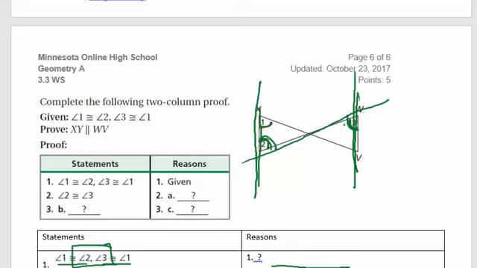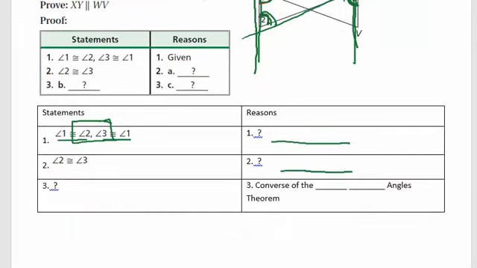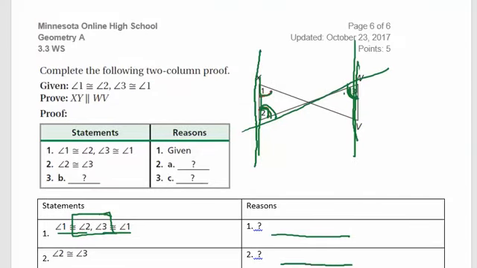Once you figure out what kind of angles they are, then you use the converse of the blank angles theorem to fill in a blank. And this, of course, will be what we're trying to prove, that the two lines are parallel to each other. So the only thing you need to figure out is what kind of pair of angles are angle 2 and angle 3.